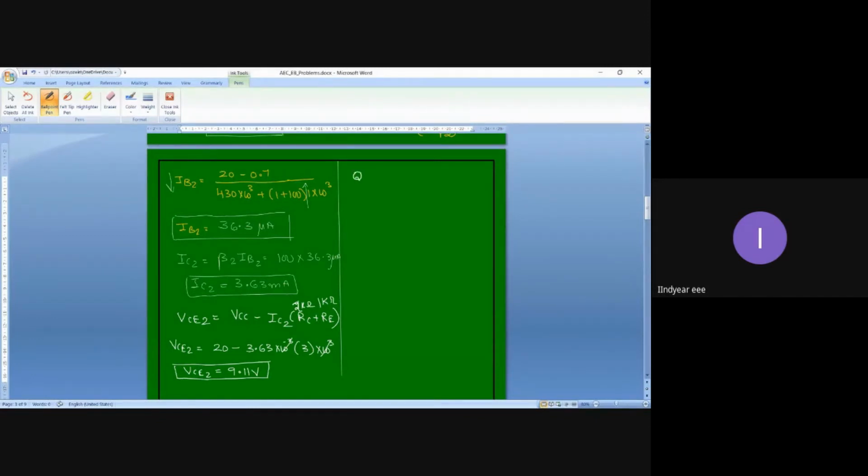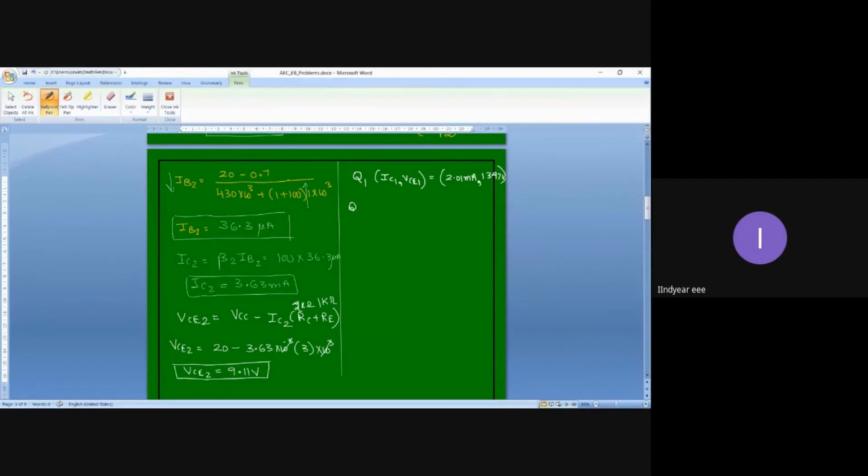Once you identify the Q point, we will write Q1 as (IC1, VC1), where IC1 is 2.01 milliamperes and VC1 was 13.97 volts.